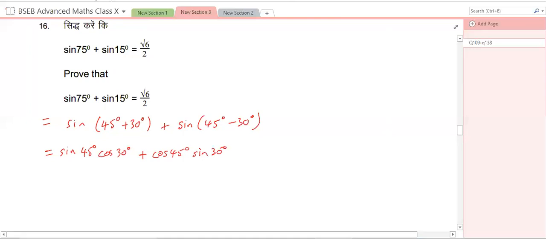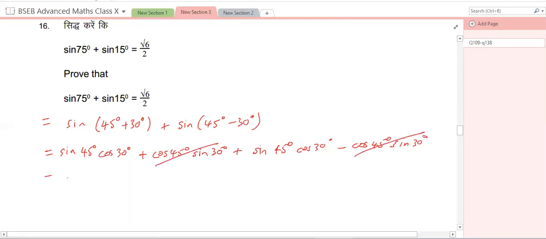And for the minus, we have the opposite sign here: sine 45 cos 30 minus cos 45 sine 30 degrees. You can see this one and this one cancel out.